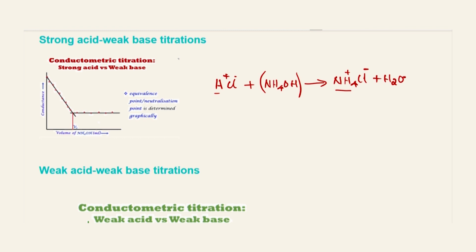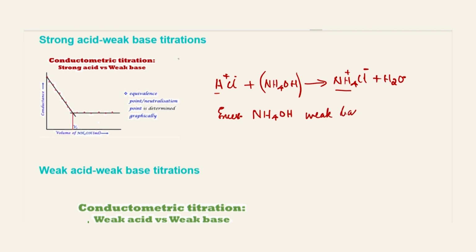After the end point, you have ammonium hydroxide in excess. This is a weak electrolyte, and therefore its conductance is low, so we do not have much change in conductance on addition of ammonium hydroxide.